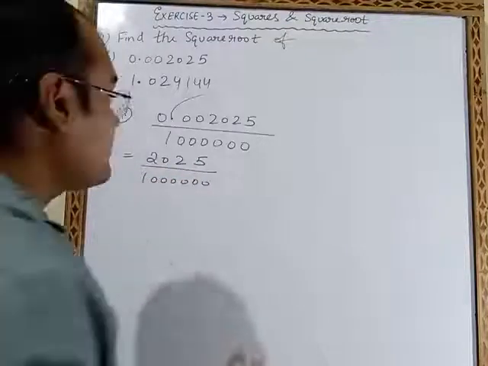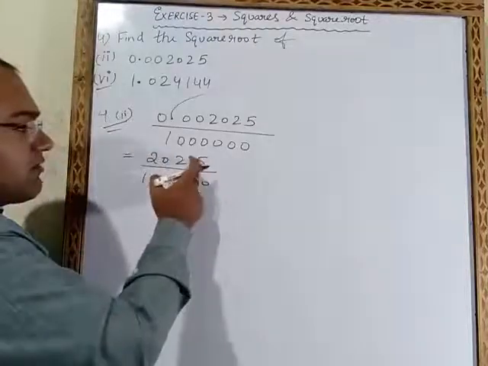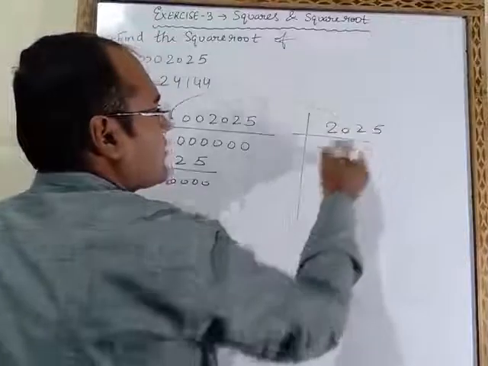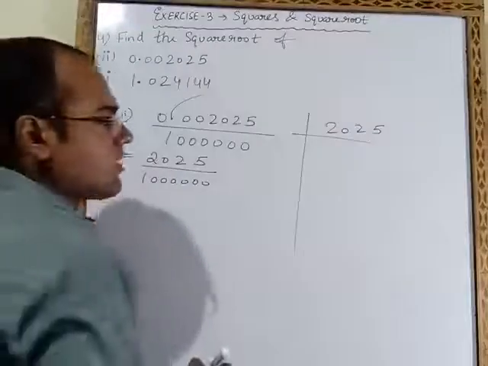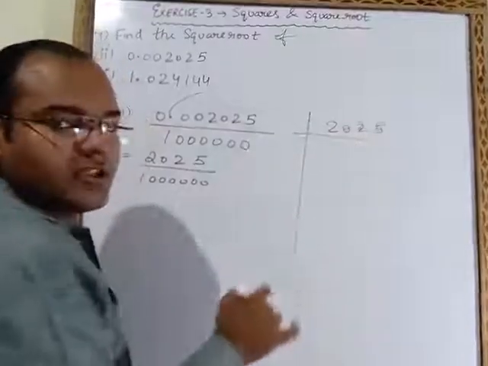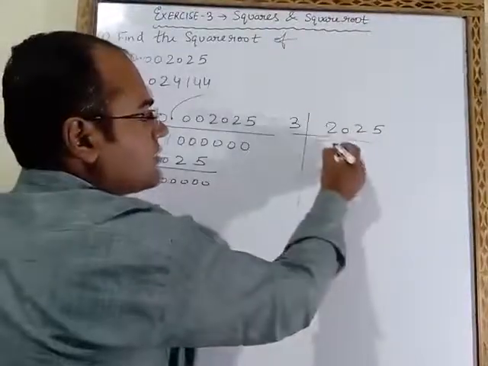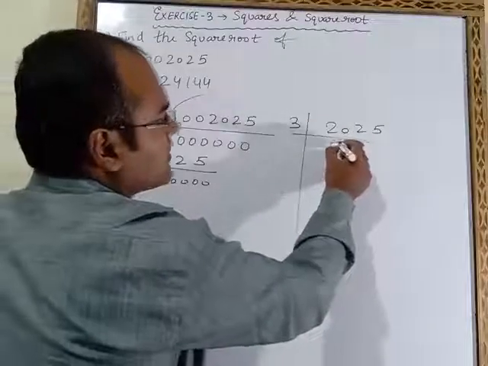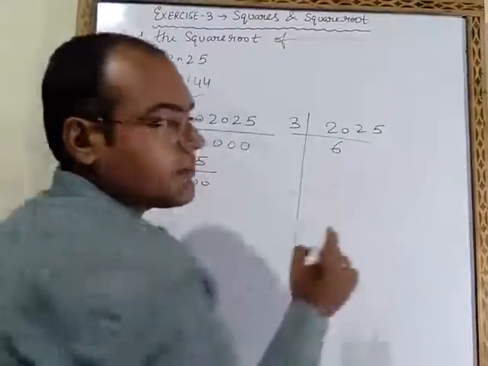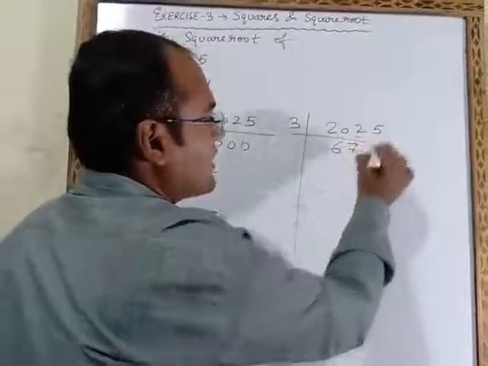Now what you have to do? Prime factor we will find. We will find the prime factor of 2025. First of all we will divide it with 3. 3 sixes are 18. Remainder 2. 2 and 2 will be 22. So 3 sevens are 21.